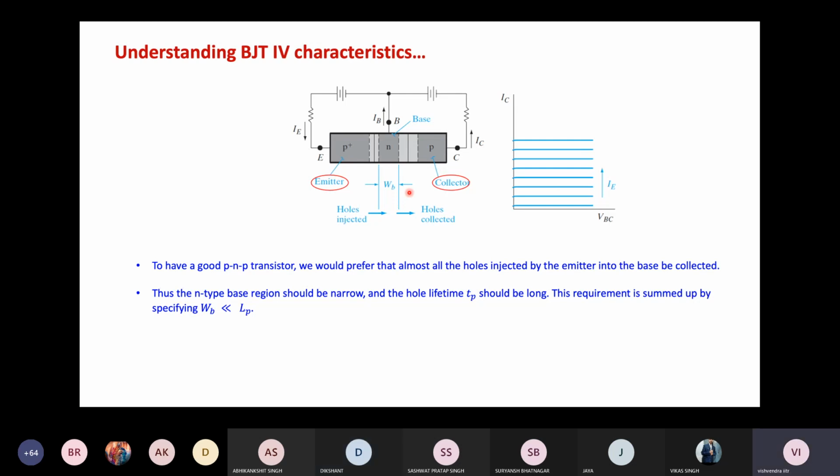Yeah, that might also happen in some cases, and that is known as the punch-through case in the transistor. Generally, because of the forward bias VBE on the base-emitter junction, this depletion width is getting smaller and smaller.